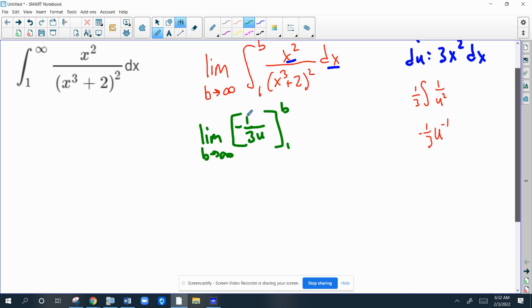The negative 1/3 can be factored out of the integral, and this process of evaluating the integral can also be factored out of a limit. We remember that from limits, and I usually just do that because it just gives me less to think about at this point right here.